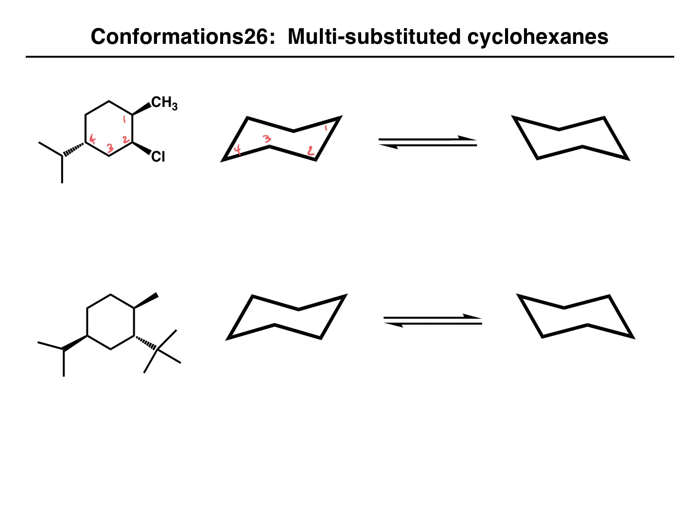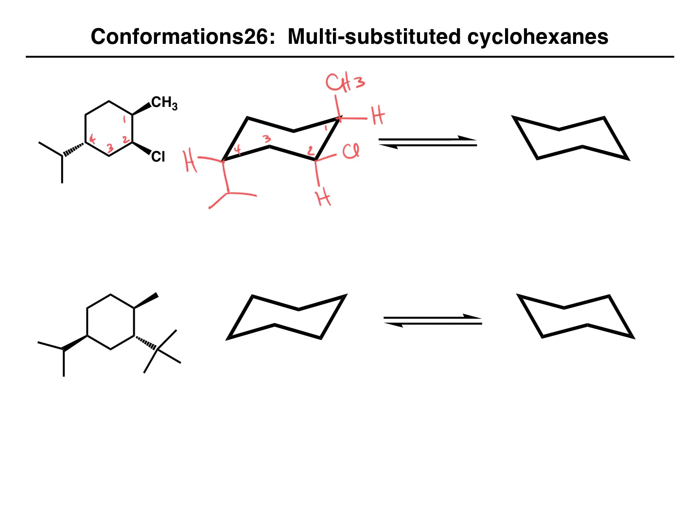At carbon 1, we have our methyl group on the top face and our hydrogen on the bottom face. At carbon 2, we have a chlorine on the top face and a hydrogen on the bottom face. And at carbon 4, we have a hydrogen on the top face and an isopropyl group on the bottom face.